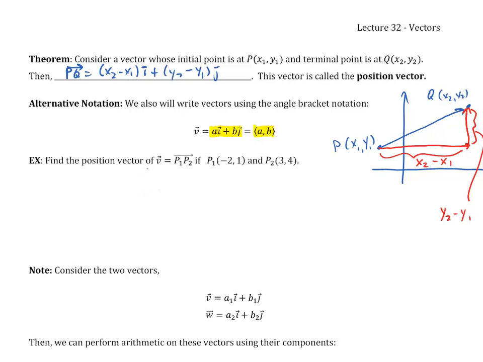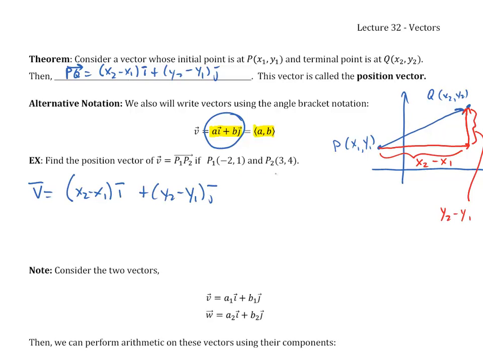Let's say v is a vector that goes from point 1 to point 2. We want to write down its position vector. By position vector, I mean this notation right here. So vector v would be x2 minus x1 times i plus y2 minus y1 times j.